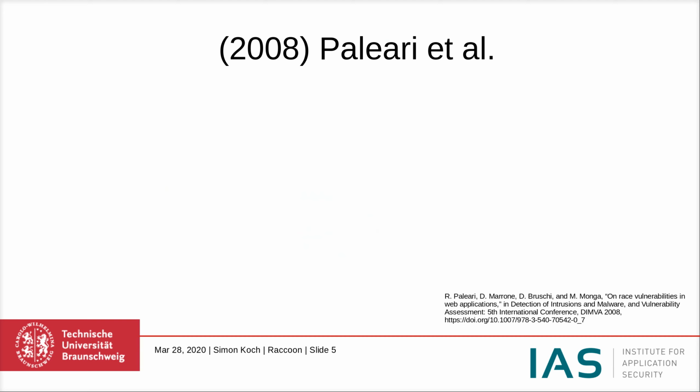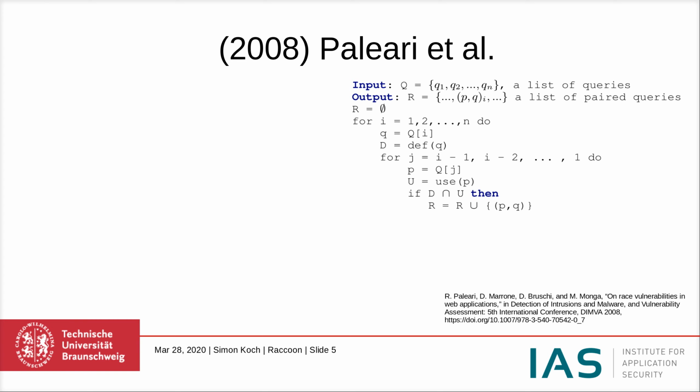Database-based race conditions in web applications are not new. They were first described in 2008 by Pagliari and colleagues, who established the term interdependence between query pairs that could potentially exhibit the previously shown behavior. They developed an algorithm that is able to determine from a set of queries which query pairs are interdependent.